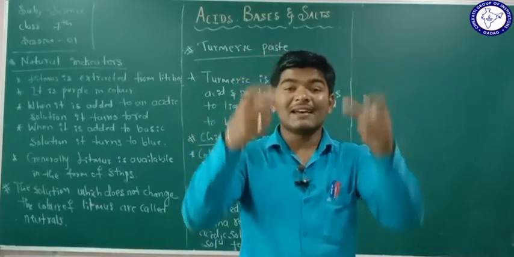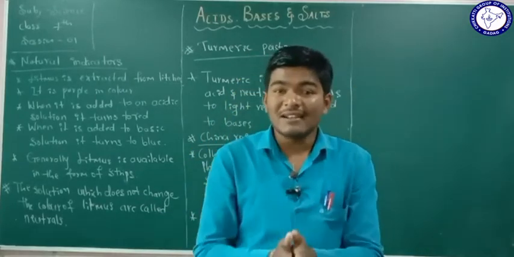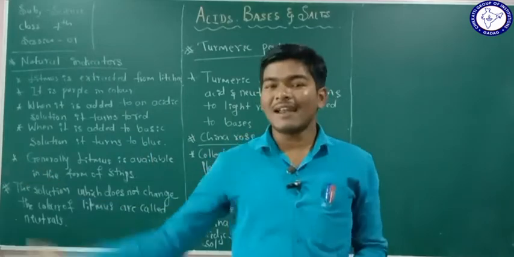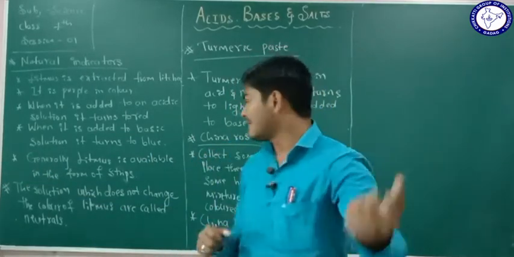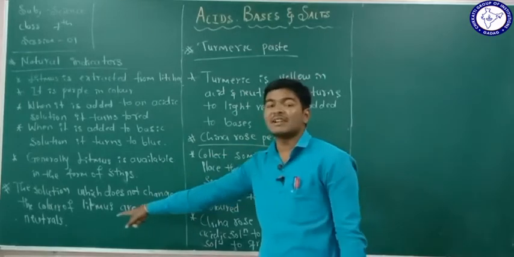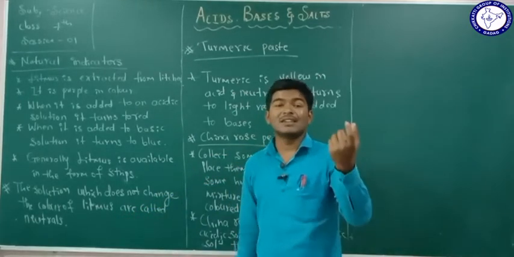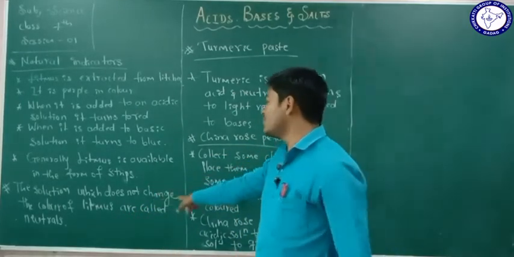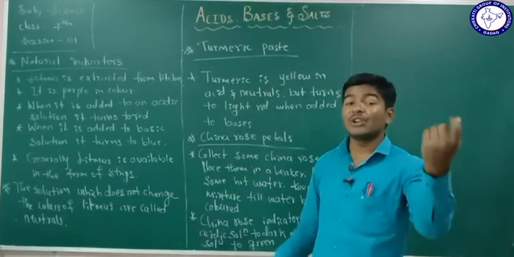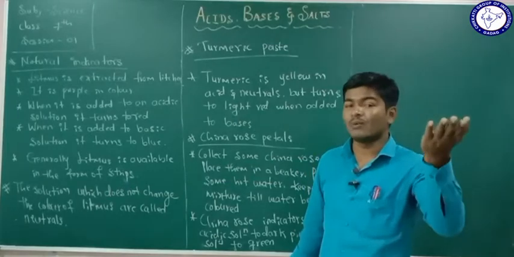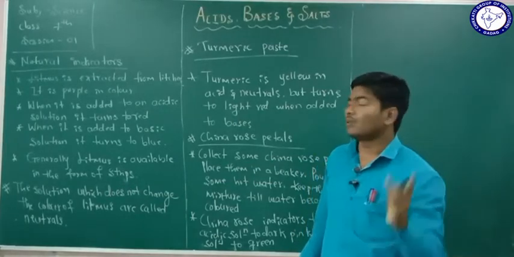If the color doesn't change, then the given solution is neither acidic nor basic. But which type of solution is it? It is a neutral solution. What is a neutral solution? The solution which does not change the color of the litmus is called a neutral solution. For example, here water is one of the neutral solutions.